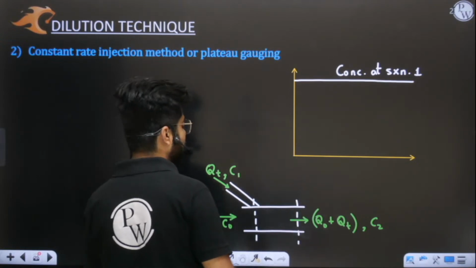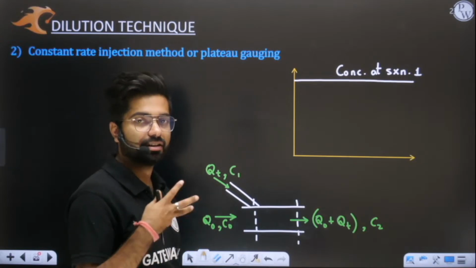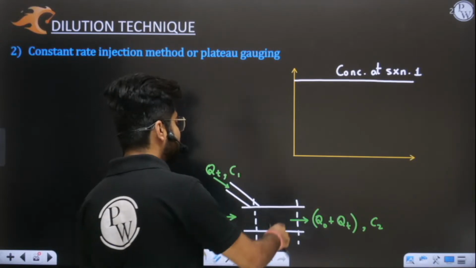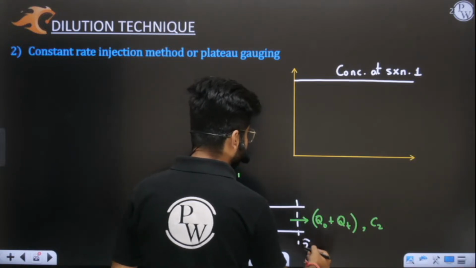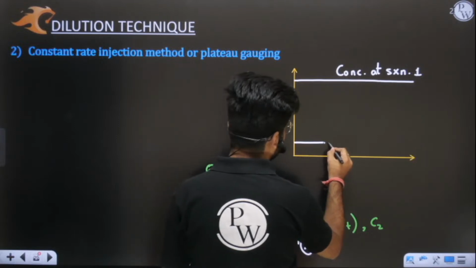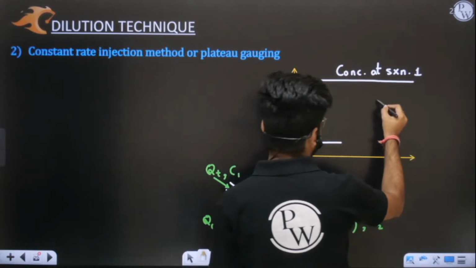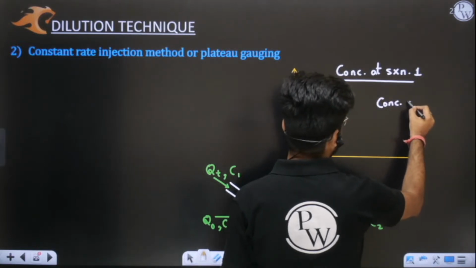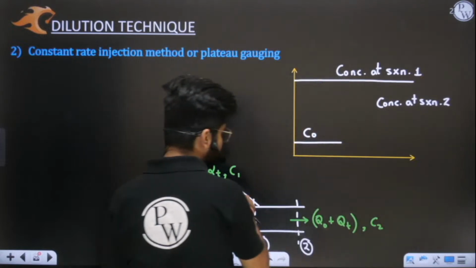Now, when we haven't started injecting the tracer, initially at section 2 the concentration was C0. But what will happen when this tracer reaches there?